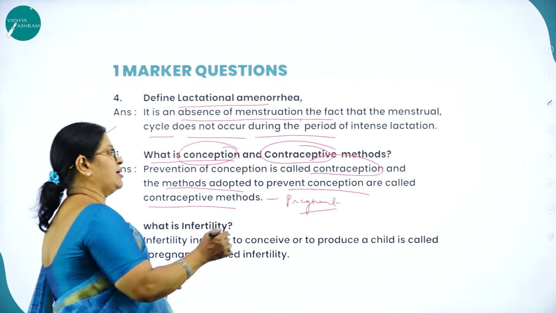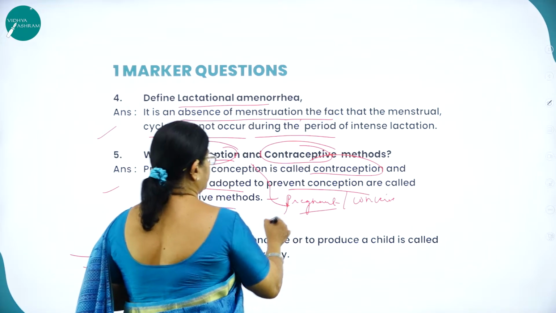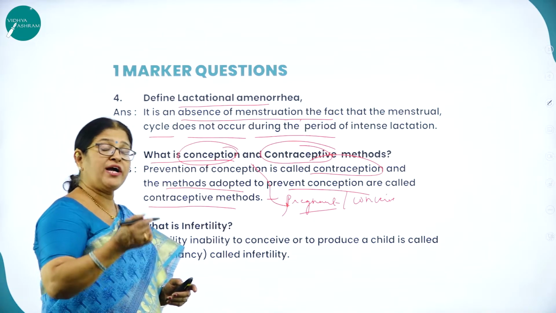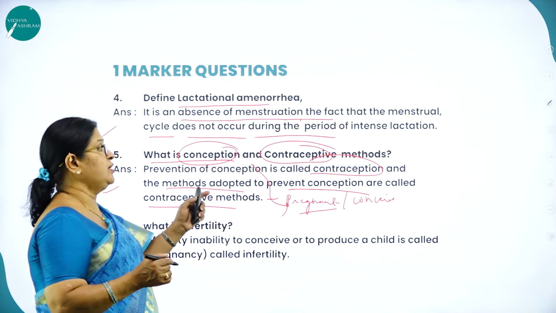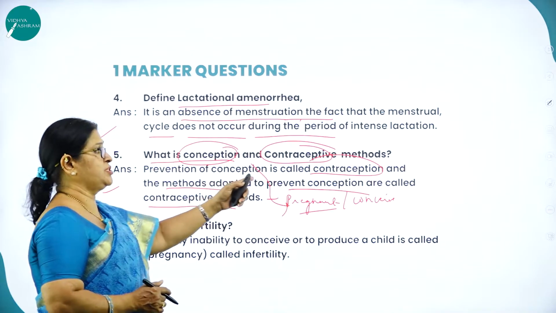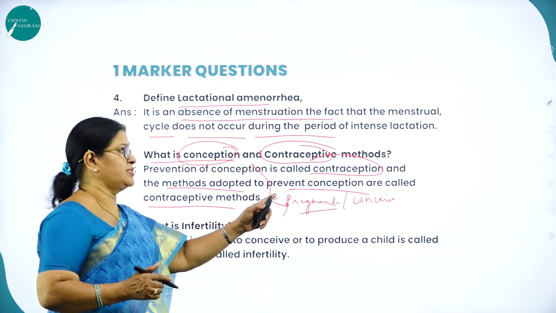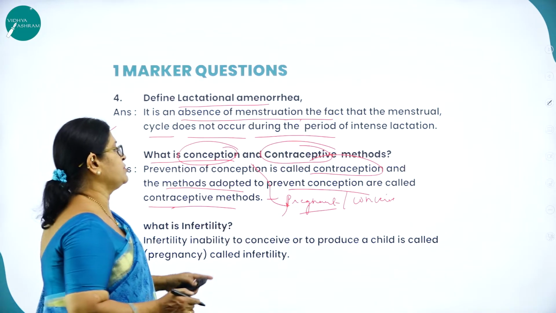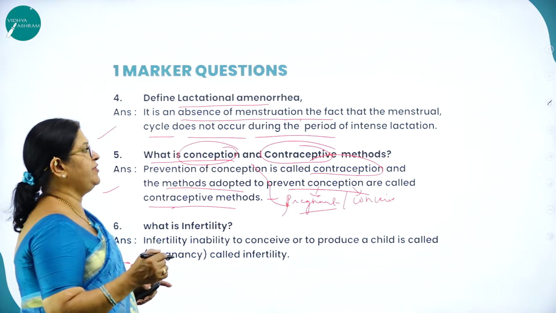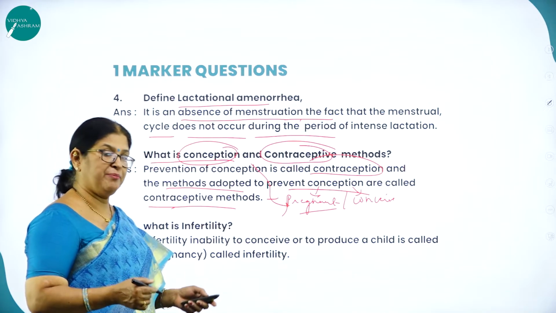Prevention of conception is called contraception. And the methods adopted to prevent conception are called contraceptive methods. Conception is nothing but becoming pregnant. Conceiving, we use the word conceive, is called conception. But to avoid unwanted pregnancy, the methods that are implemented are called contraceptive methods.